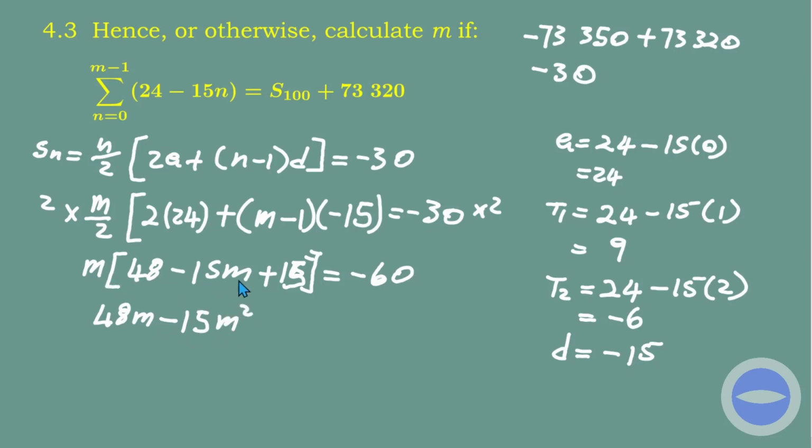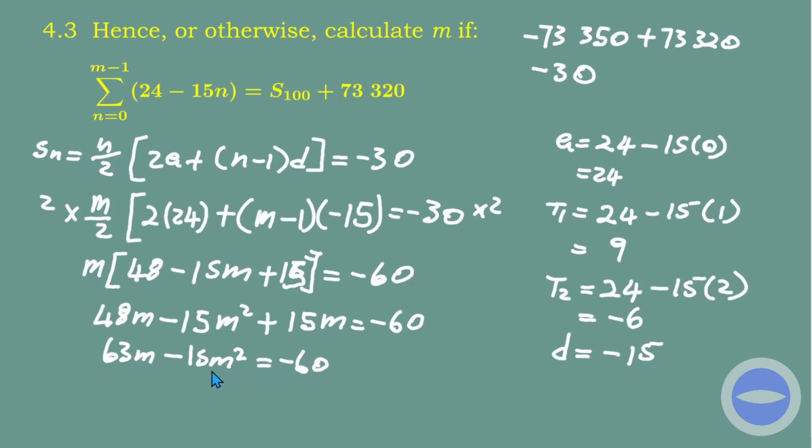And then m multiplied by positive 15 will make positive 15m, then equals minus 60. Here I will add like terms. 48 plus 15 will make 63. So now I have 63m minus 15m squared equals minus 60.